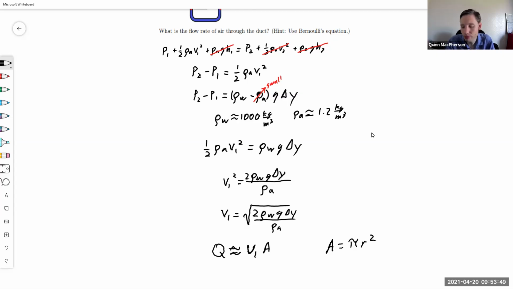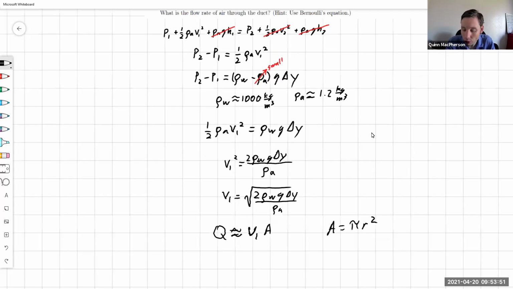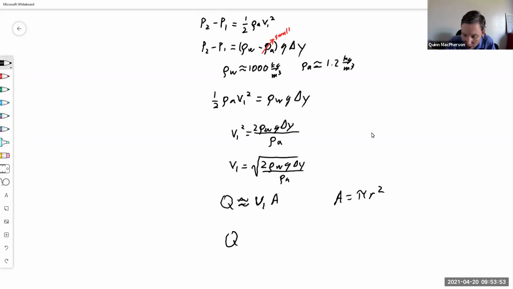So area of a circle. Okay, so we put those together and we get the flow rate is equal to pi r squared times V1, which is the square root of 2 rho water g delta Y over rho air.